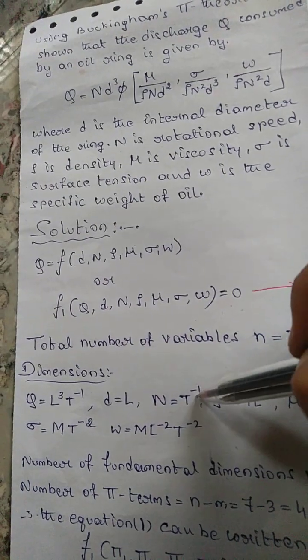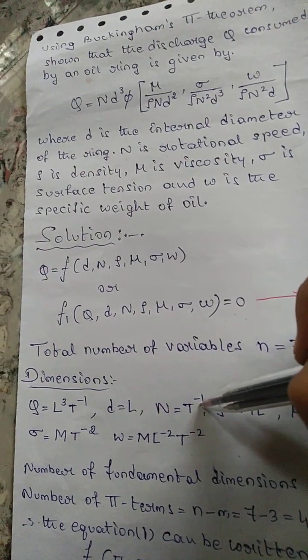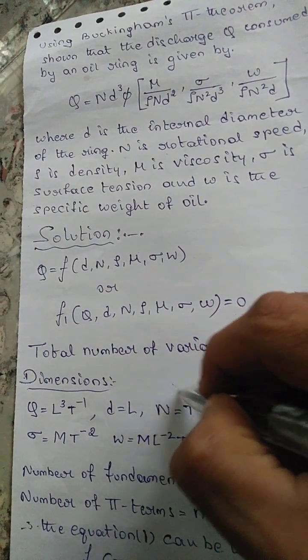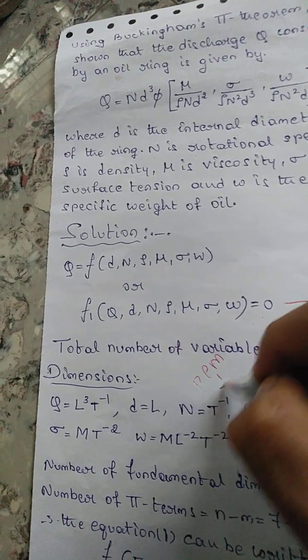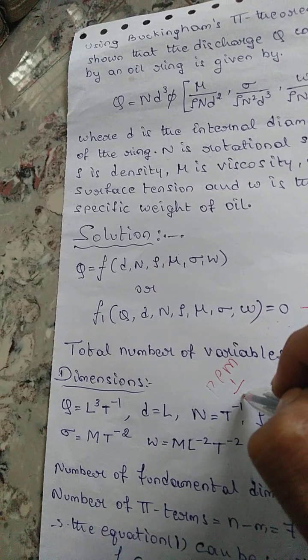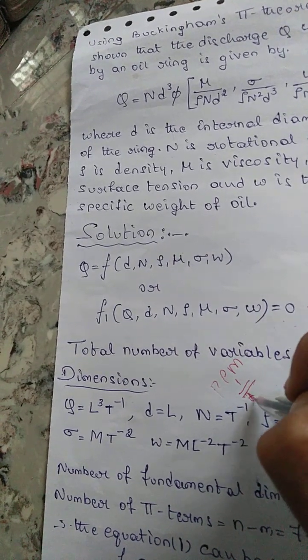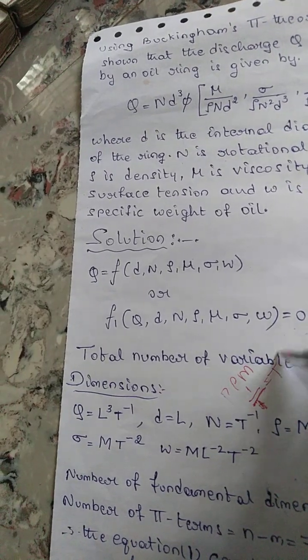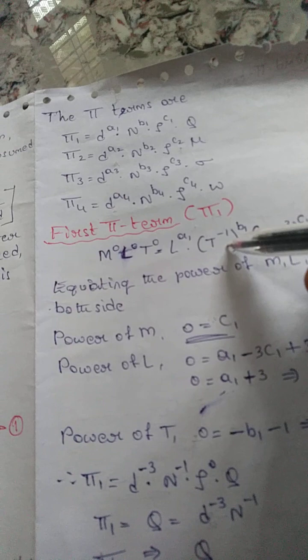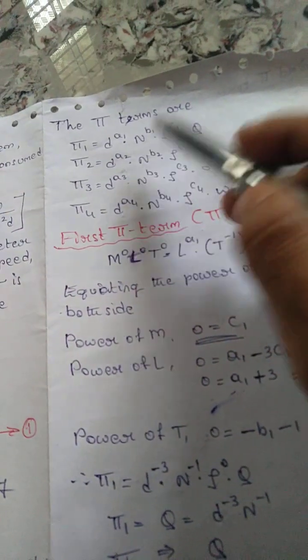Here what it is, see, for n it is revolution per minute, rpm. So 1 by minute, minute is in terms of time, so 1 by T. So when it comes to the upper side, T to the power minus 1, and b1 is the same.